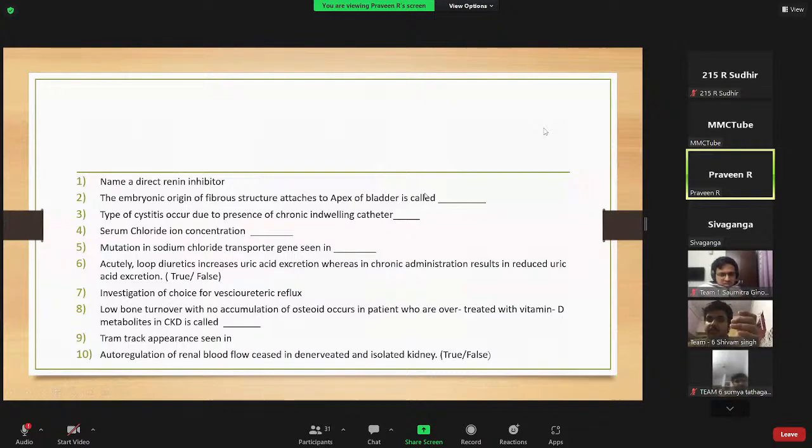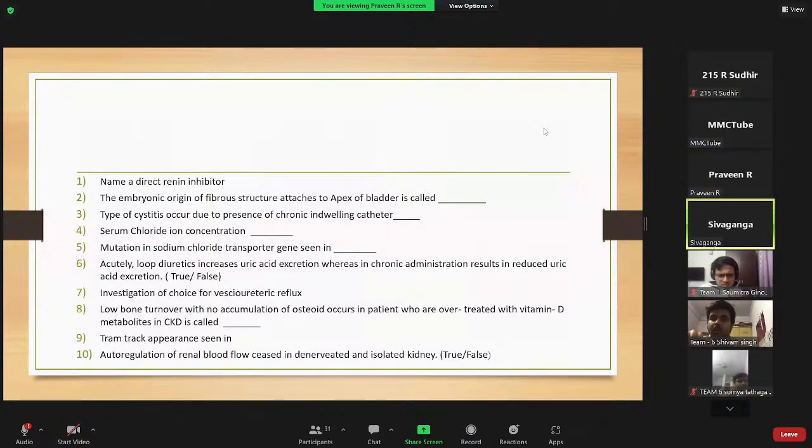The time starts now. One is alpha catenin. 10 is false. 9 is MPGN. 7 is MCU, micturating cystourethrogram. Let them answer. Keep answering. You answered one.